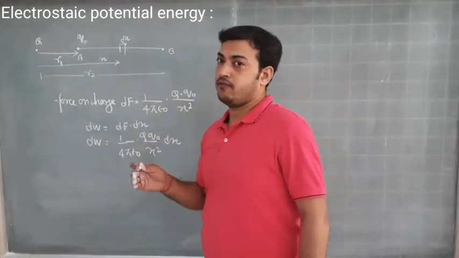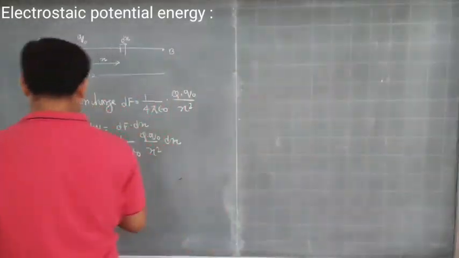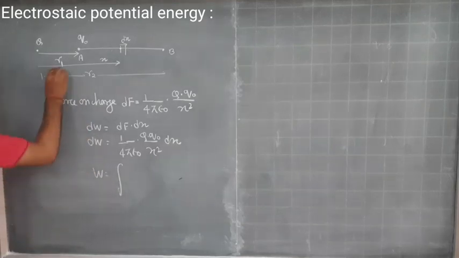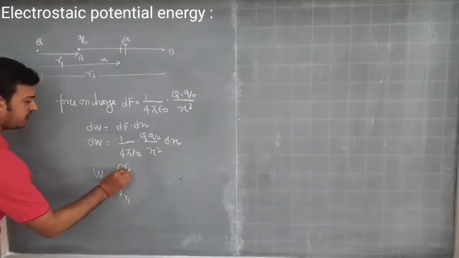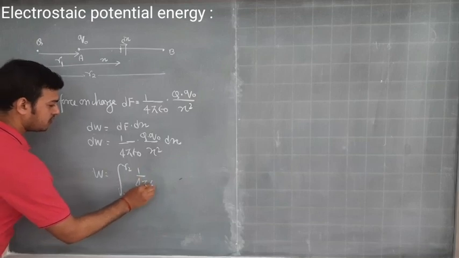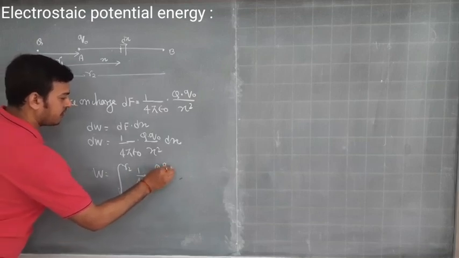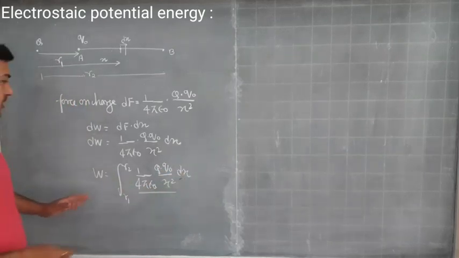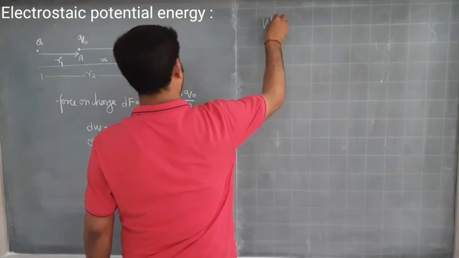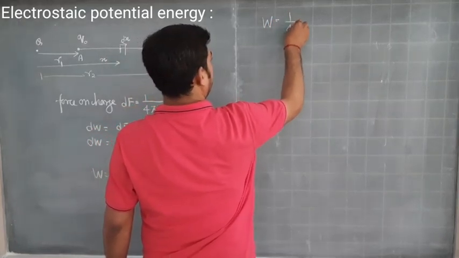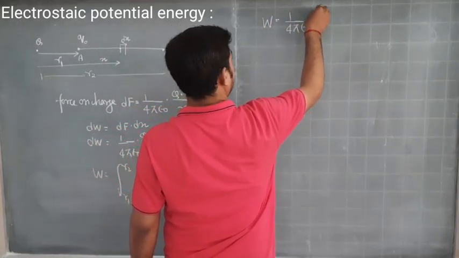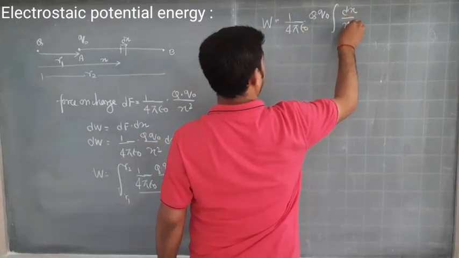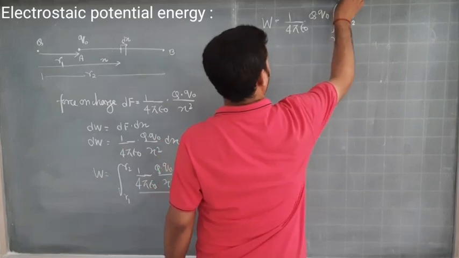Now, since my force is varying, to find the net work we have to integrate this within the limits from R1 to R2. The constant terms can be taken out, and my work will be 1 by 4 pi epsilon naught q q naught, integration of dx by x square from R1 to R2.